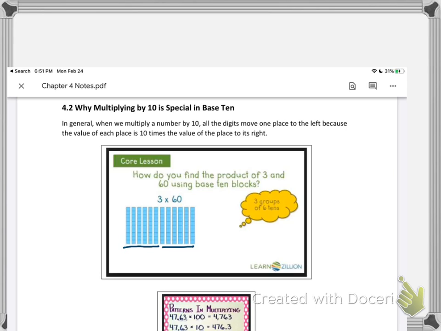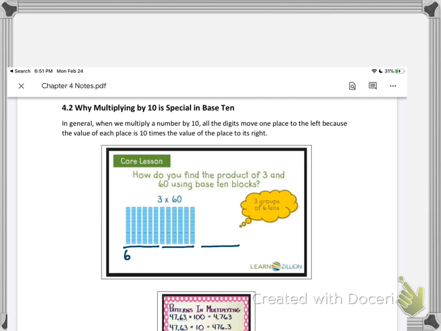So how do you find the product of 3 and 60 using base 10 blocks? Okay, so you would need to have another 6. I'm just going to make believe I have another 6 here. Each of these columns is worth 10. So if I have 6 of them, I have 10, 20, 30, 40, 50, 60.